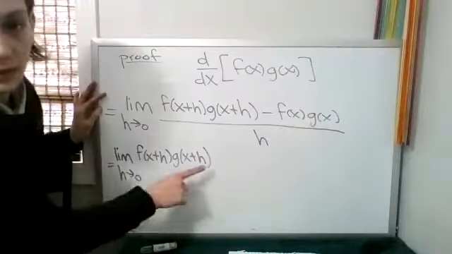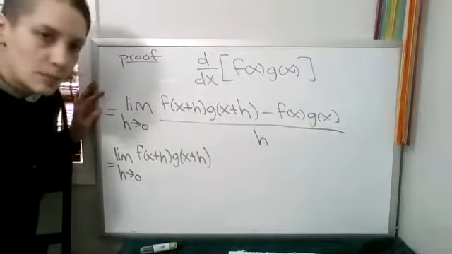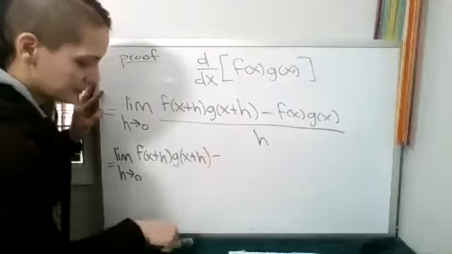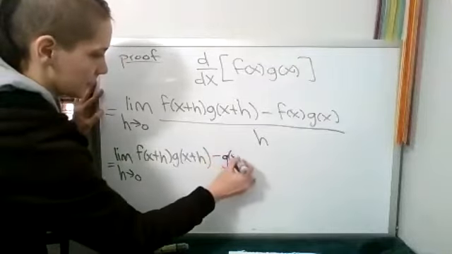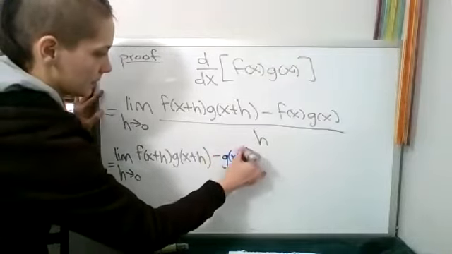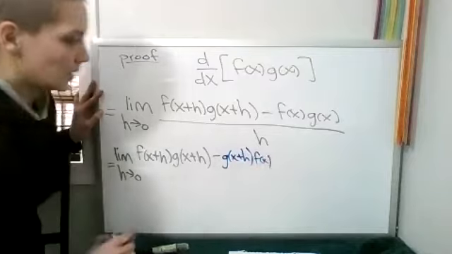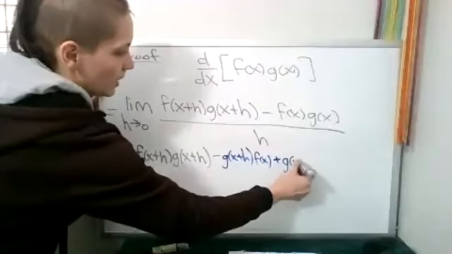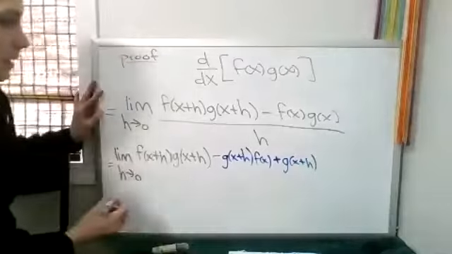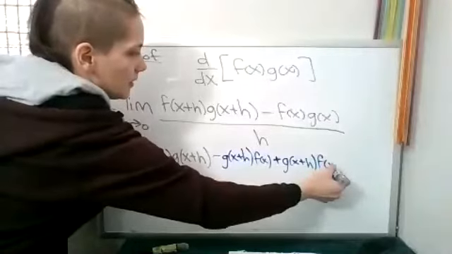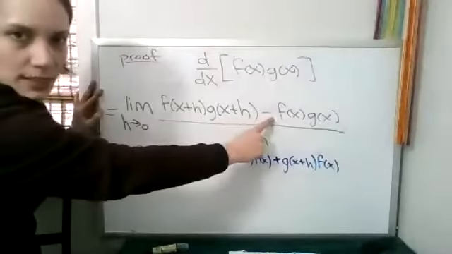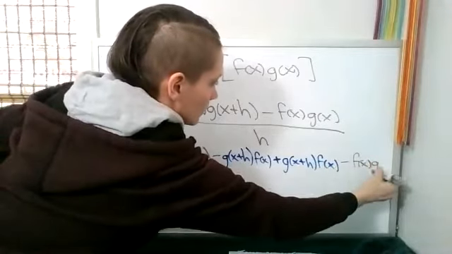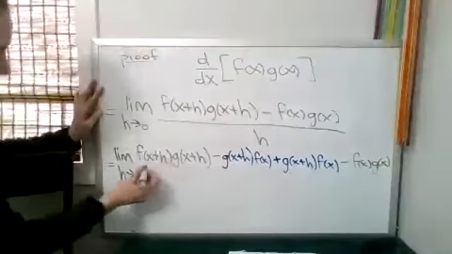Right here, subtract g of x plus h times f of x, and then add the same value, add g of x plus h times f of x. This piece is at the end. It's all over h.